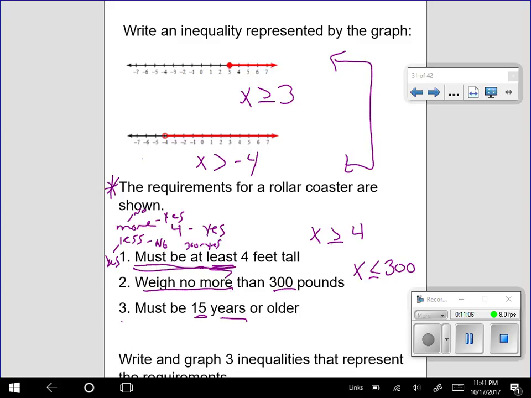So can I be more than 15? Yes. Can I be less than 15? No. Can I be 15? Yes. So x is going to be greater than or equal to 15. So I want you to graph 1, 2, and 3 and make sure you have this one written down. At least this part, and then the 1, 2, 3, and then our inequalities with a graph.